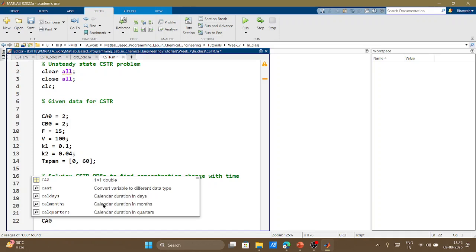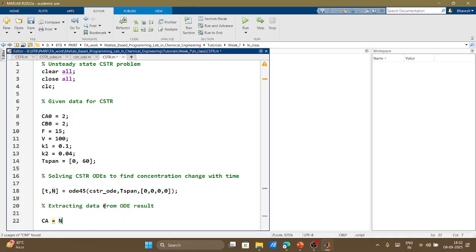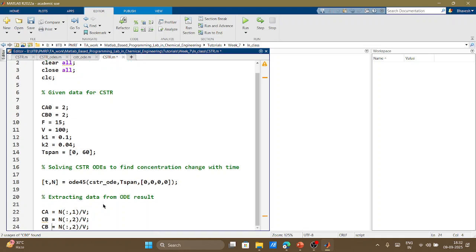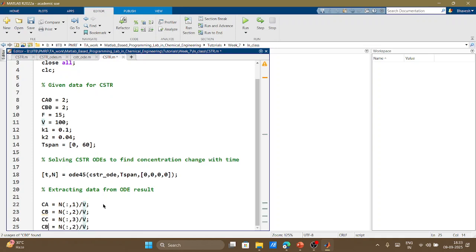So my CA will become N by volume, your CB will be the second component, CC will be the third column, and CD will be your fourth column, okay.